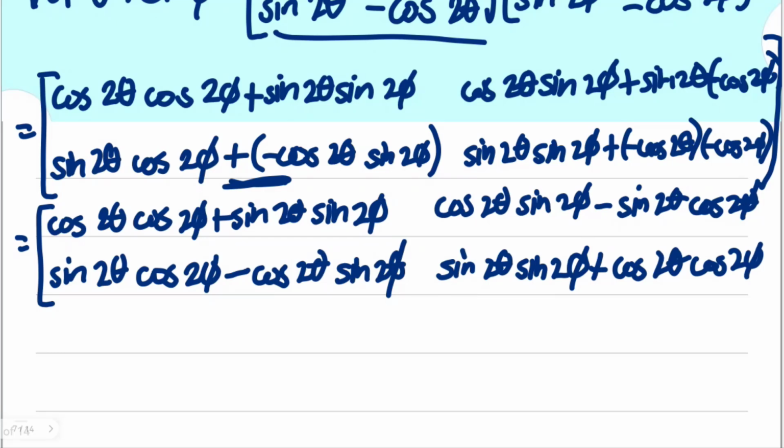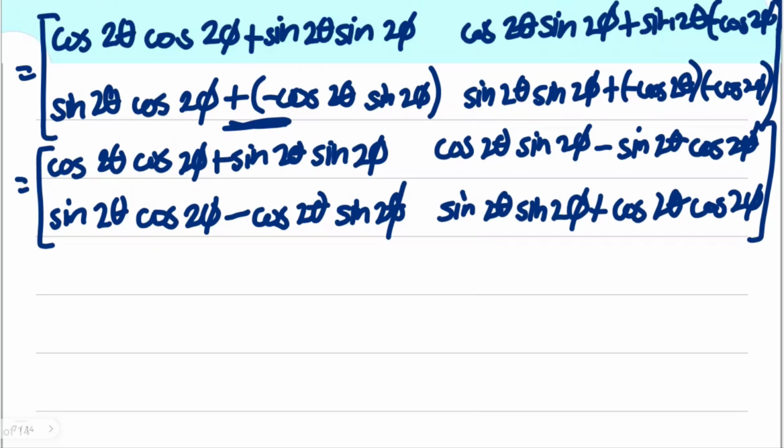twice phi. Now, I would like to rearrange some concepts, specifically if we're talking about this one here. Since we started with sine twice theta here, I would like to use some formula for sine, so let me rearrange this as well. At the same time, rearranging this to meet this standard at the top, so that these two will have the same result.